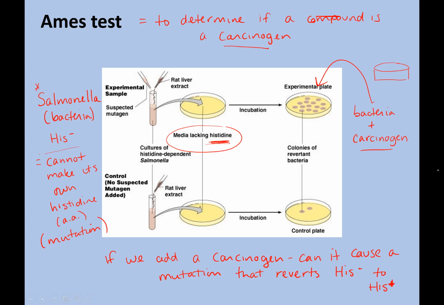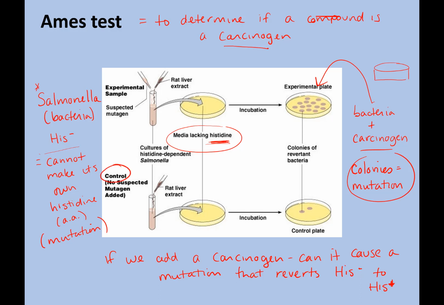So colonies equals a mutation has happened. So one of the bacteria was mutated, now it can grow on its own.